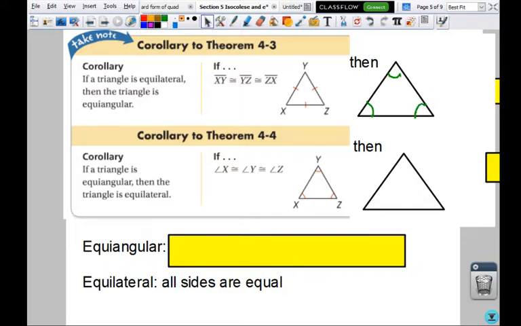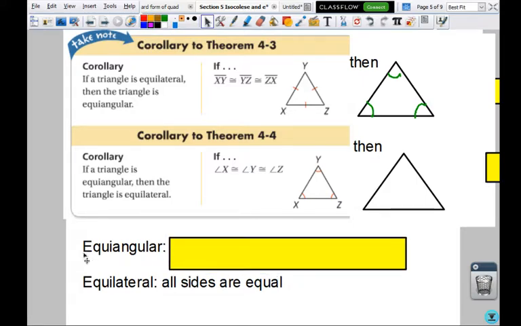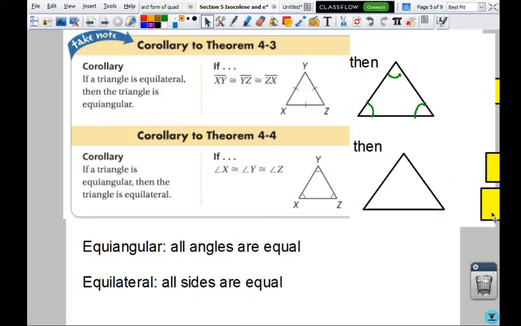And that is called, and I have a hard time saying this, I'm getting better, equiangular. Equiangular. I can't say the word very well. But that means all angles are equal.